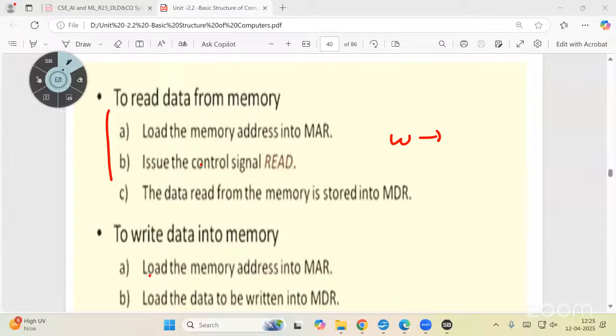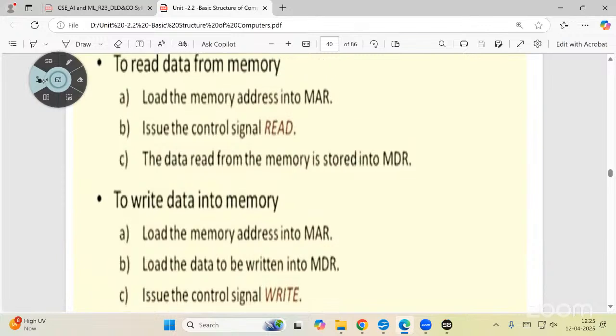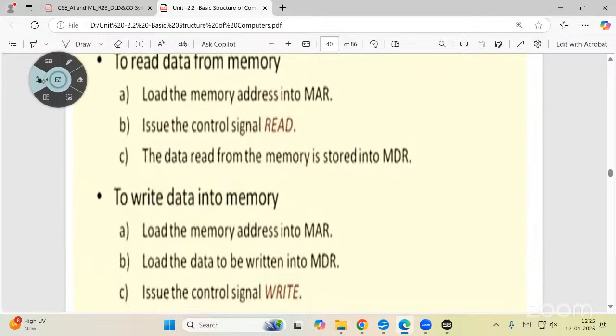After identifying that, then the data is written to the MDR. Then the processor issues the read signal. First identify the memory location, and after identifying, the processor issues the read signal. After the read, the data is placed in the MDR.